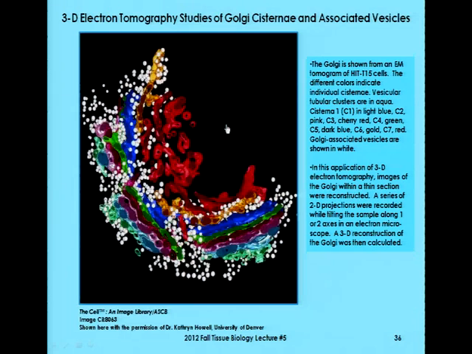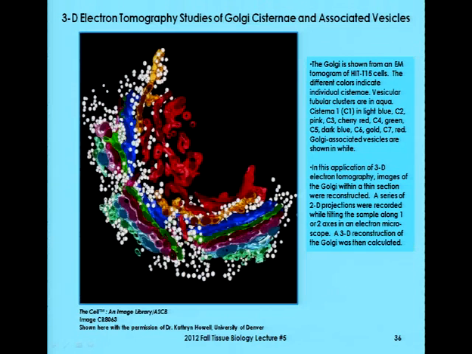Now the study of the Golgi continues, and this is an example of an advanced study reconstructing images of a Golgi within a thin section by a tomogram. And in these studies, a thin section of a Golgi is further studied by tilting a sample in one or two axes in an electron microscope, and then there's a reconstruction of the images using computer imaging.